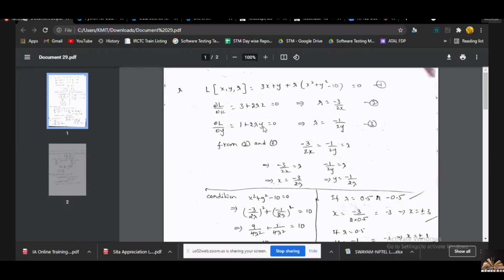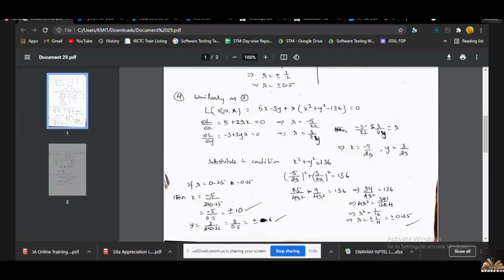So first we need to write the Lagrangian function in the required format. Then the first derivative with respect to x, then the first derivative with respect to y. Here, 5x minus 3y is the function and the constraint is x square plus y square minus 136.